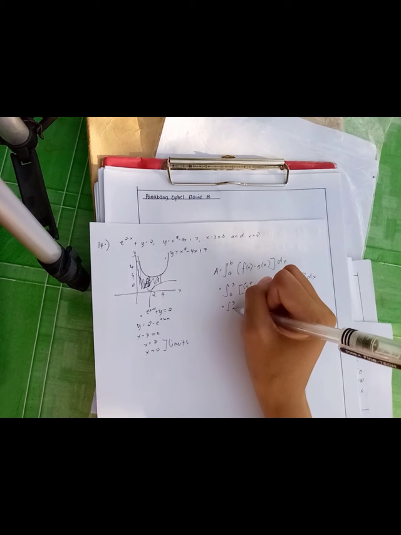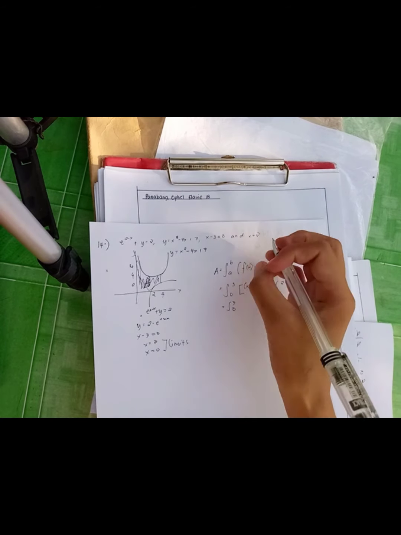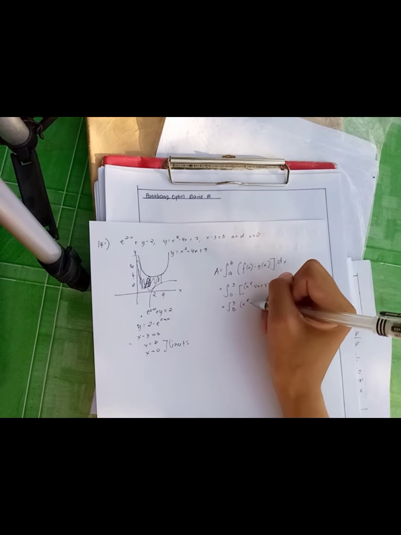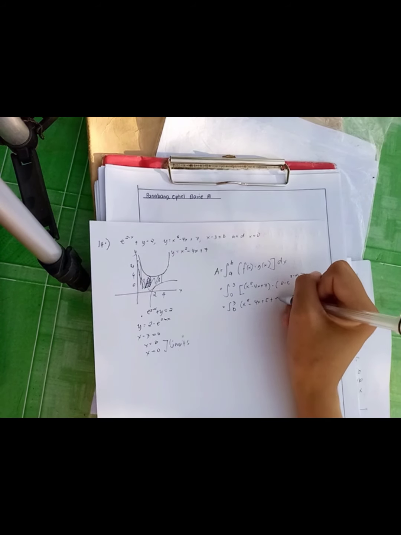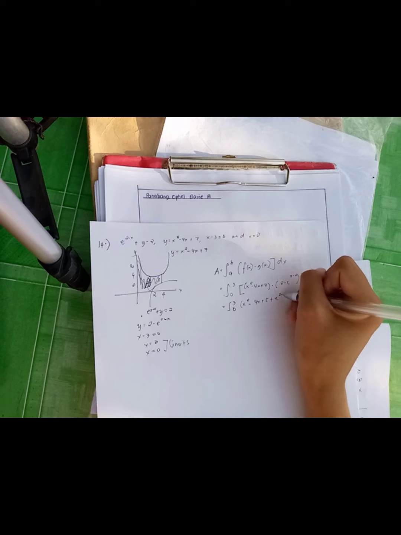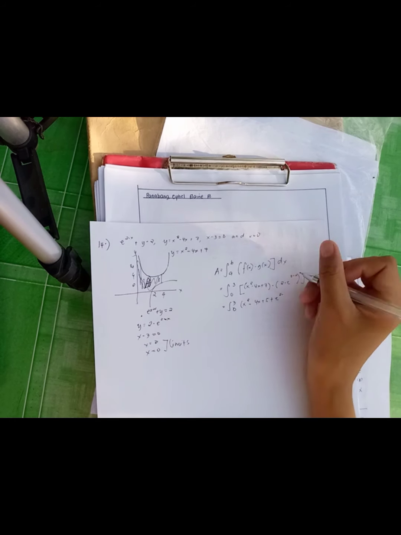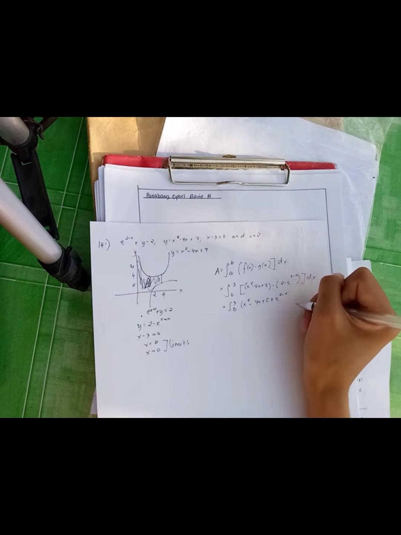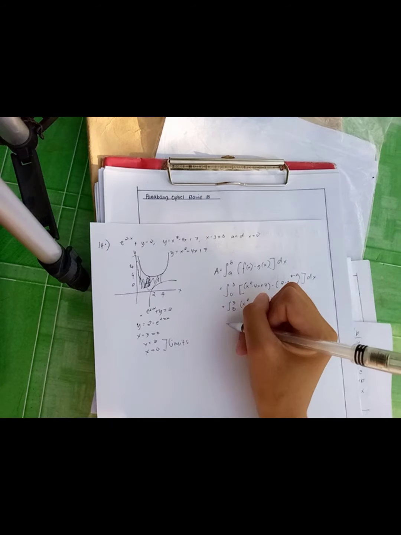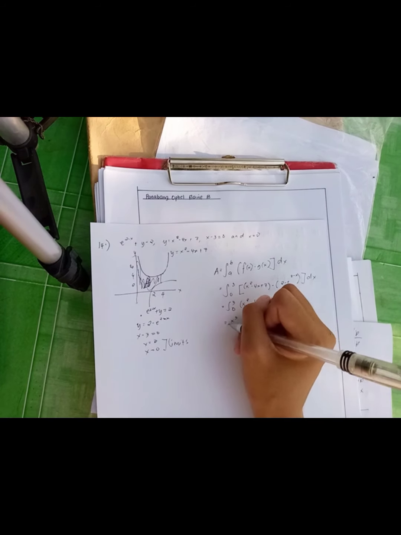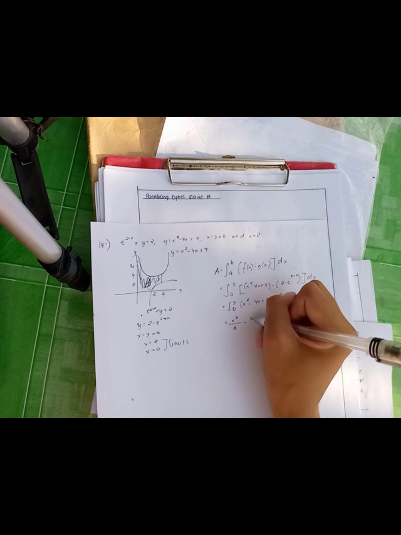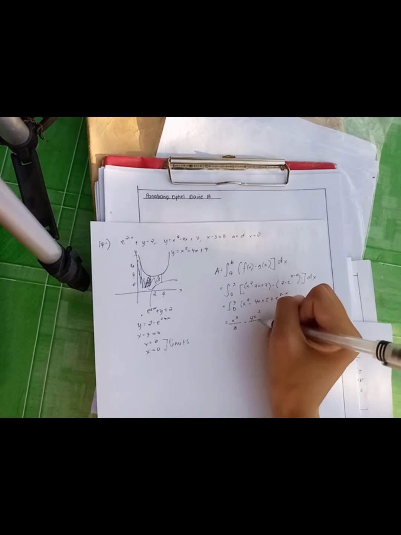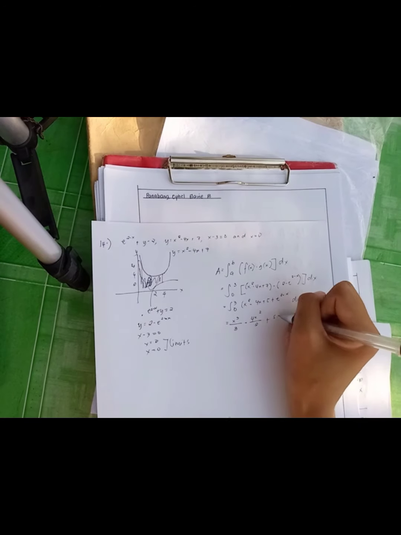So from 0 to 3, x squared minus 4x plus 5 plus e raised to 2x dx equals x third minus 3, then 4x squared over 2 plus 5x.